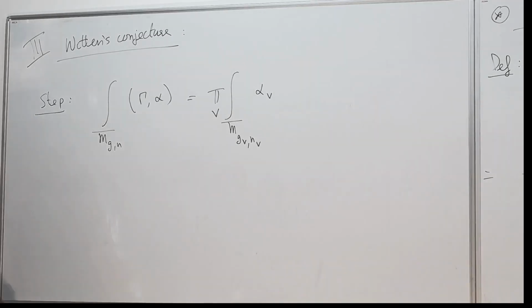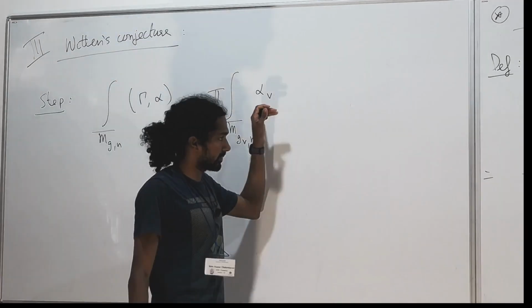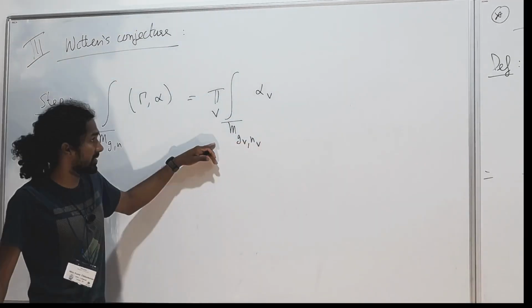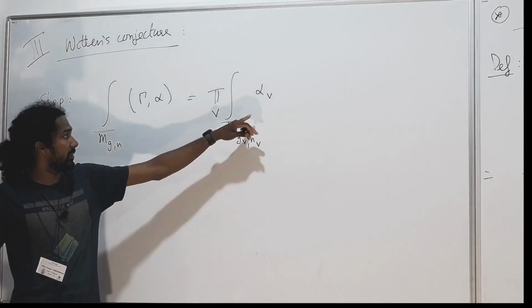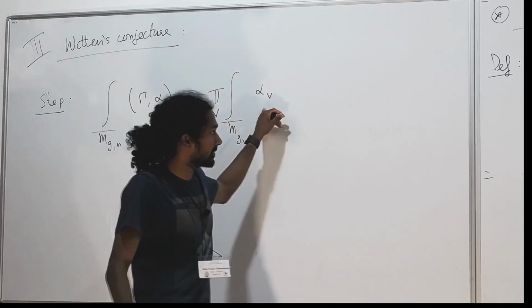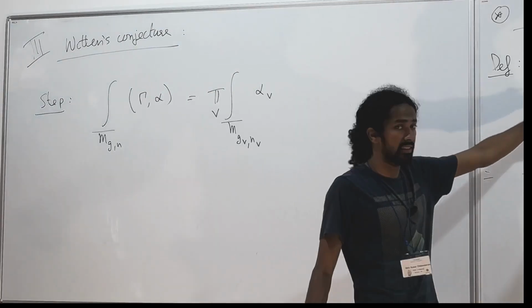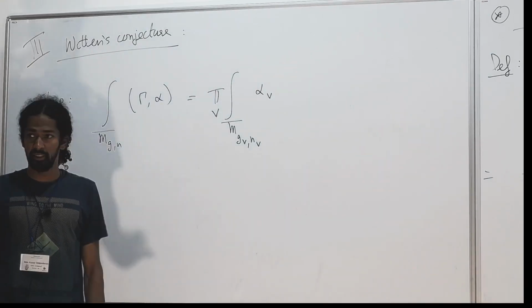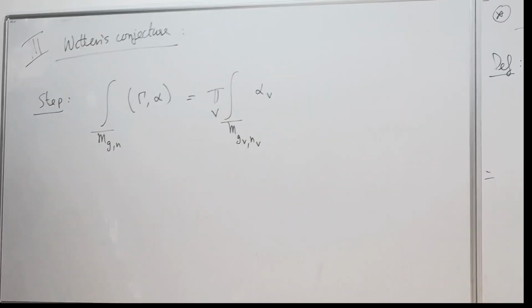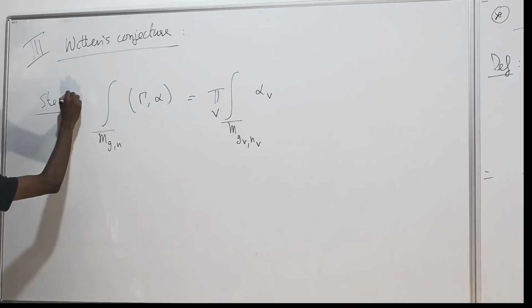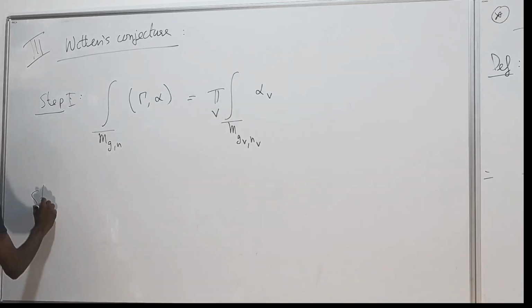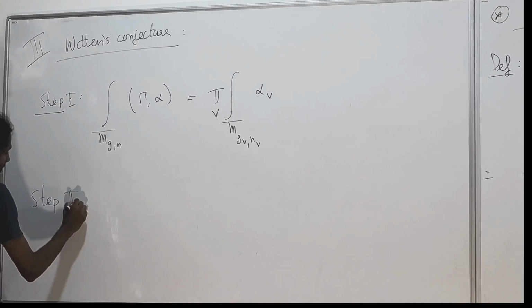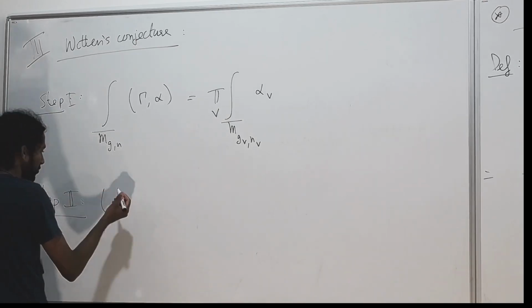Okay, and now we just have to think: we've reduced everything to computing integrals of these alpha v's, but what are these alpha v's? They're just a bunch of psi and kappa classes. So you actually only need to compute psi and kappa class intersections, and then you're done. So that's step one. Step two: I claim that you can remove all kappa classes.